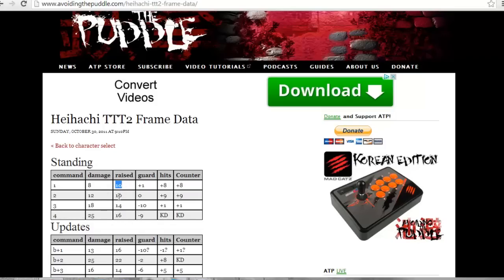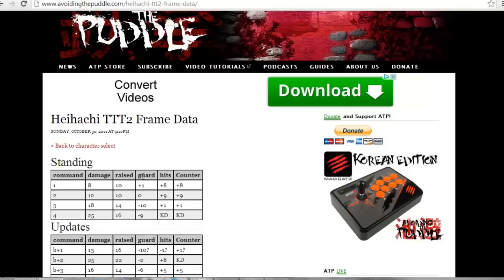The raised for 3 is 14, which means that it's going to hit at the 14th frame. So the 1 is faster than 3. If you execute these two moves at the same time, the 1 is going to hit earlier than 3 because it hits at the 10th frame.